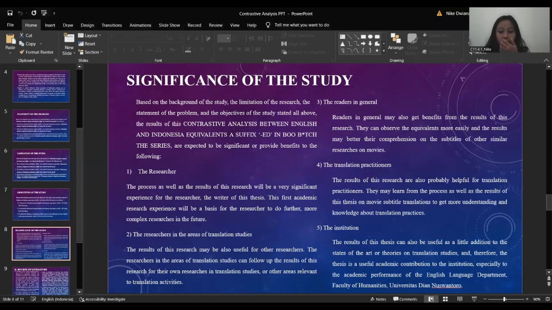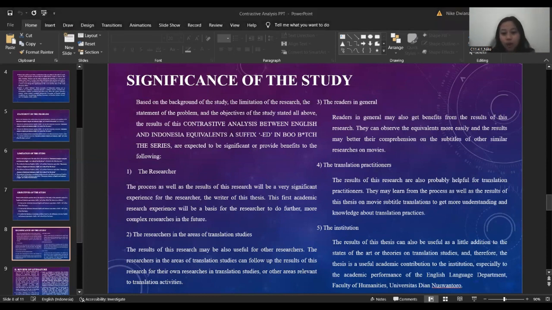And then the significance of the study is also not far from the objectives of the study. Here also I explain the purpose of my research by adding a description of the result or answer to be obtained from the research that I conducted on the research question disclosed in the problem identification section.